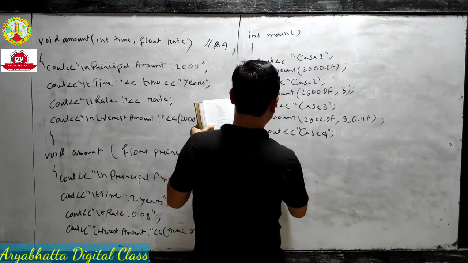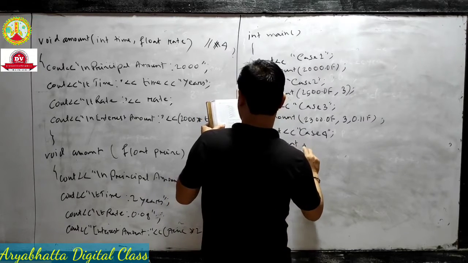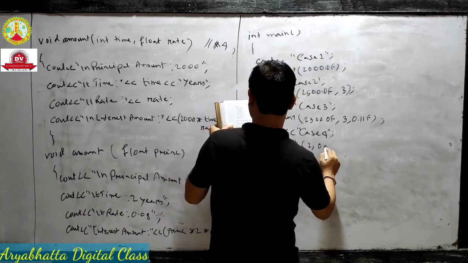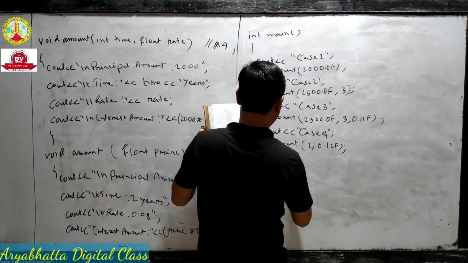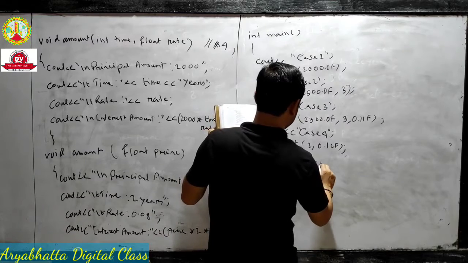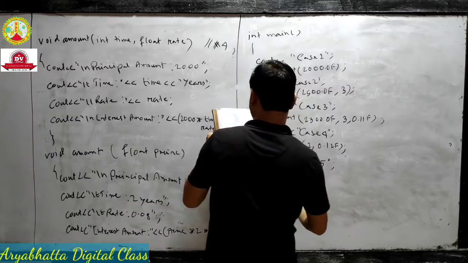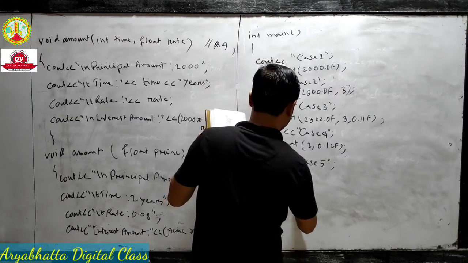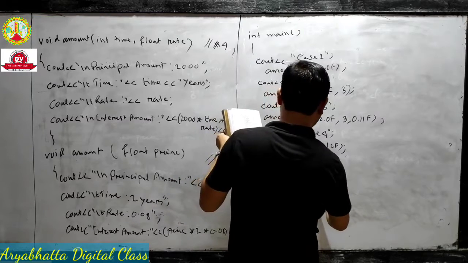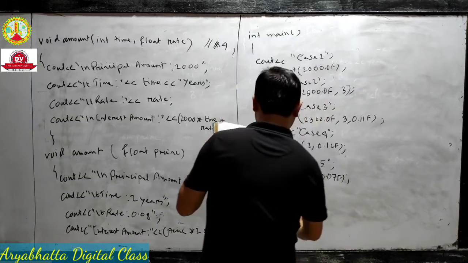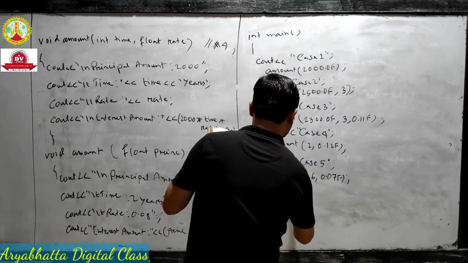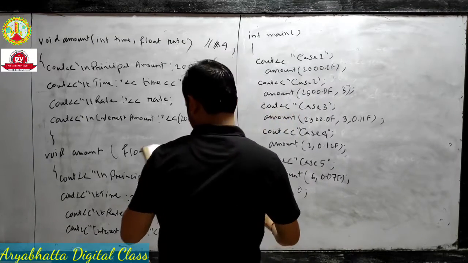Case 4, amount. Case 5, amount 0.07f, and last is return 0.